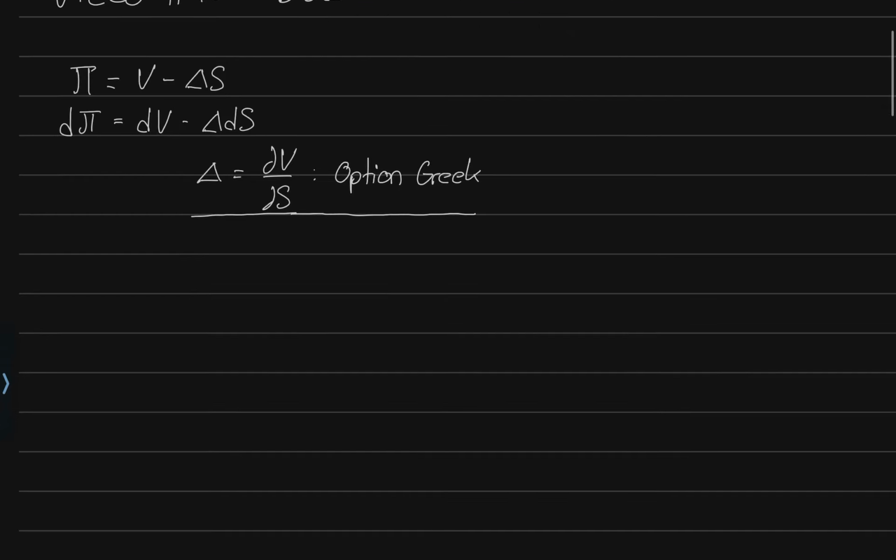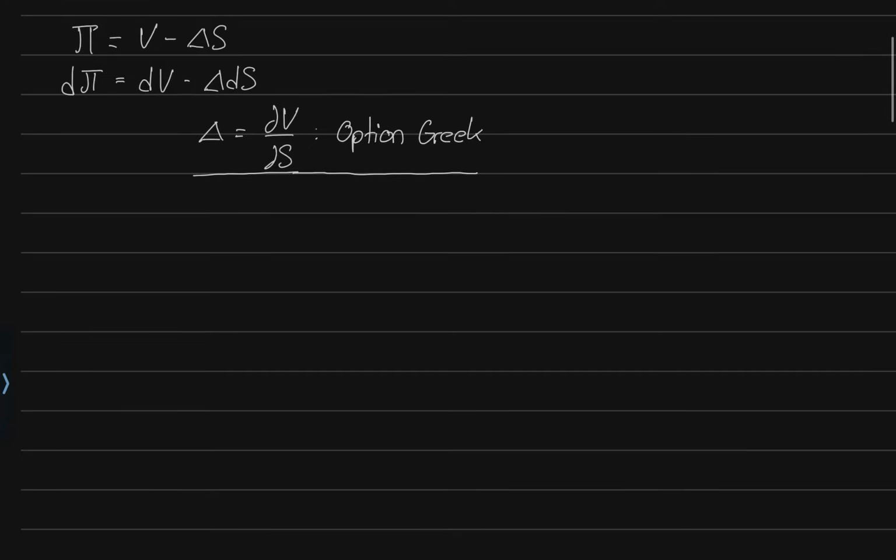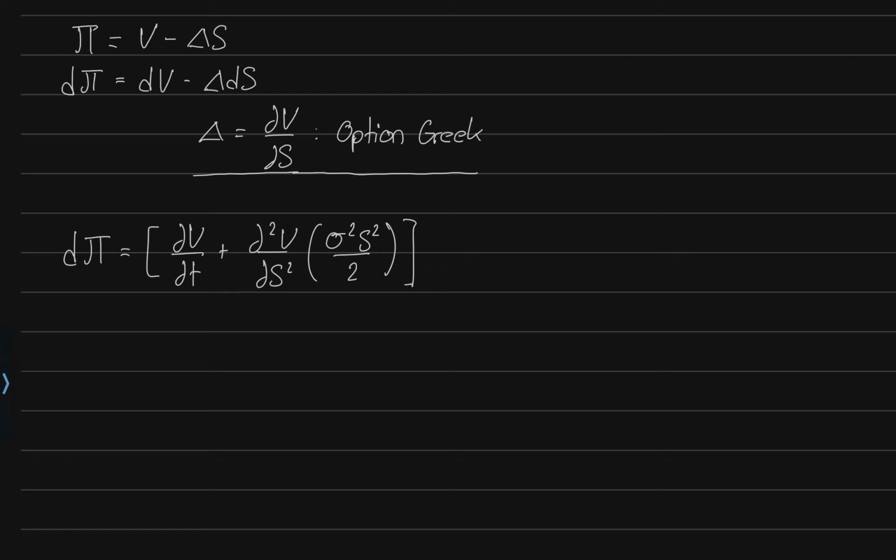And the way we represented a risk-free portfolio after a mathematical derivation was as follows. We said that d pi is going to be equal to the partial derivative of our financial derivative with respect to time plus the second partial derivative with respect to stock price times volatility squared, s squared over 2, and this is all times dt.